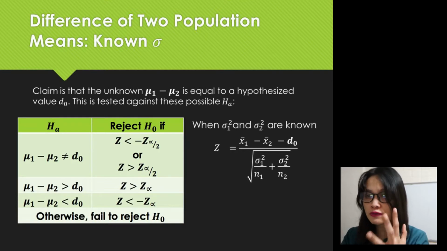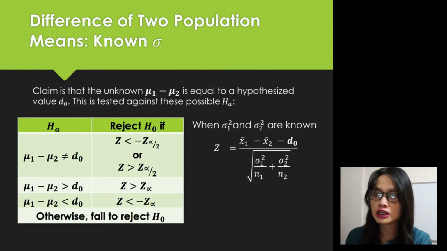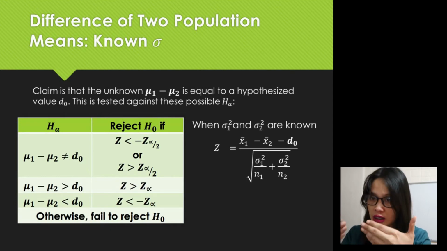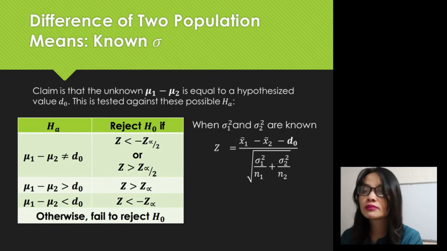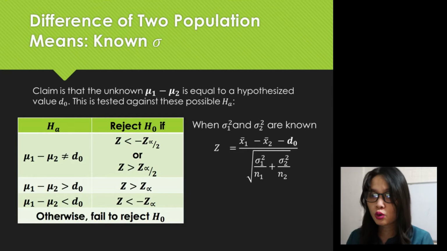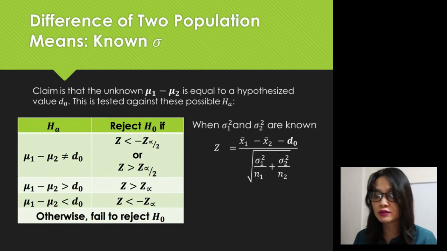The first condition is the difference of two population means if the population standard deviation is known or given. Your HA must be in the following forms. If your HA is, number 1, mu1 minus mu2 not equal to d sub o, reject HO if z is less than negative z alpha over 2, or z is greater than z alpha over 2.